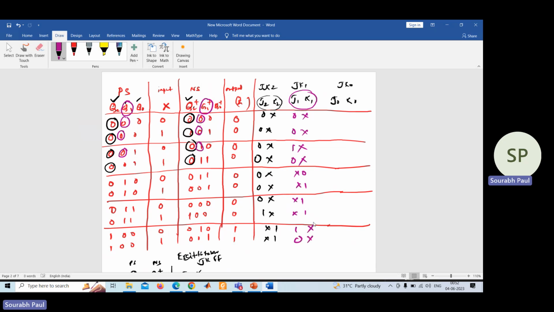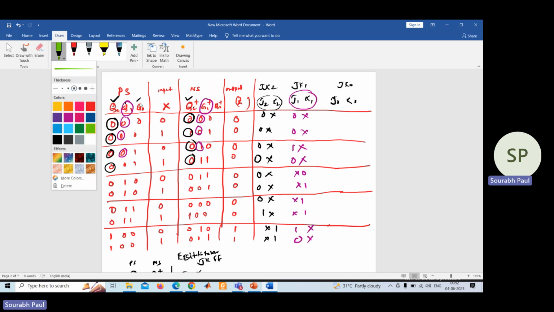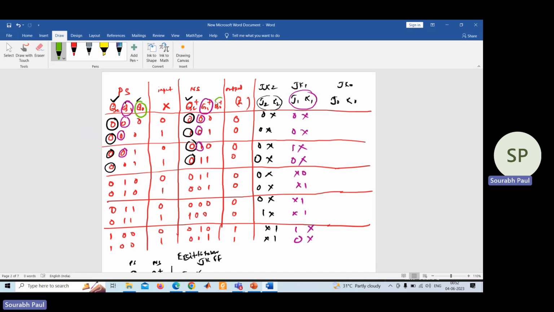This I have written according to the excitation table. Now do the same procedure for bit number 3, that is Q0, Q0 plus. So you have 0, 0, 0x, then 0, 1, 1x. Like that, for each combination, follow the same procedure. So x1, x0, then 1x, 1x, x1, x1, 0x, 1x.